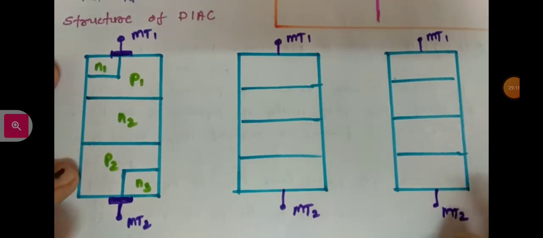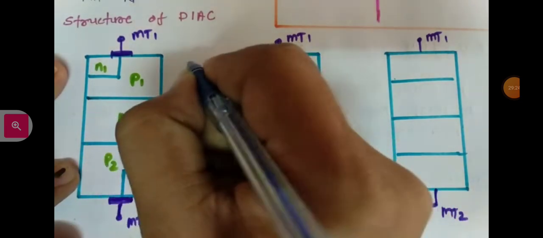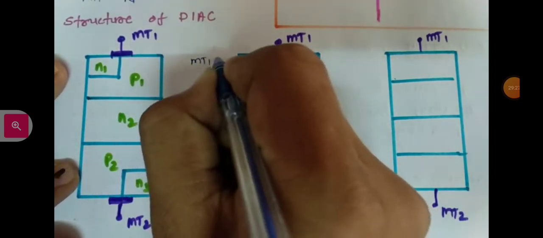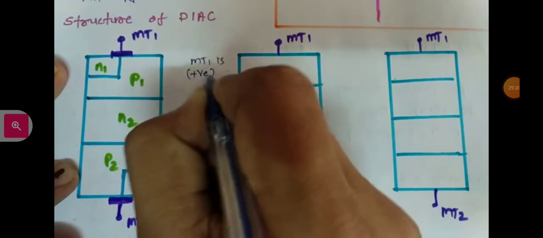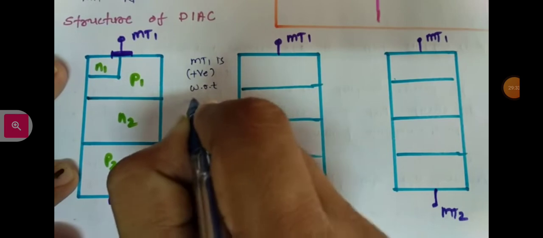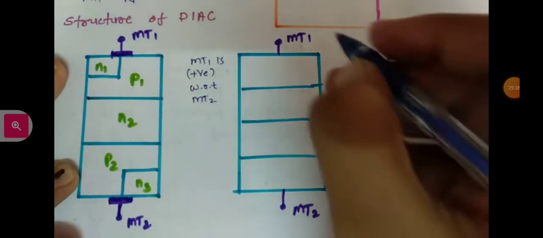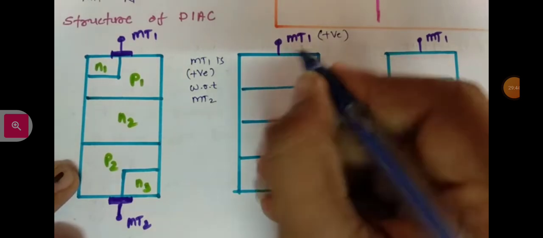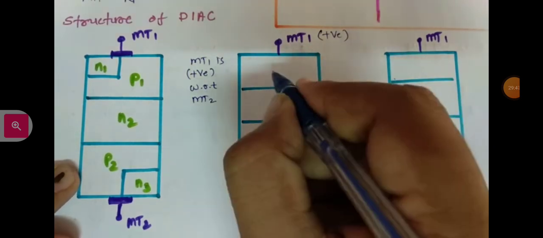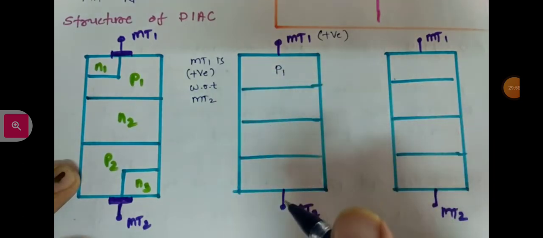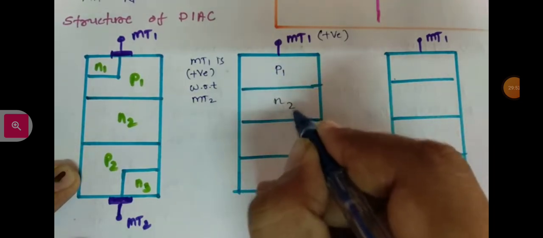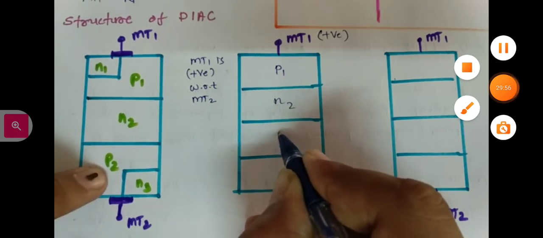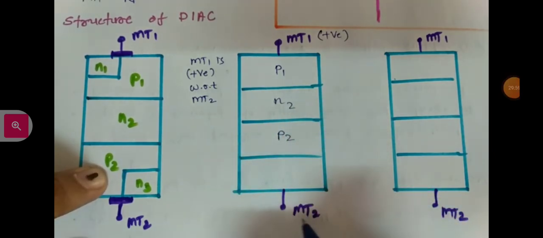Let us have the first case where MT1 is positive with respect to MT2. In this case, because MT1 is positive with respect to MT2, the P1 layer will be activated, and then there will be the sequence N2, P2, and N3, which is negative with respect to MT1.